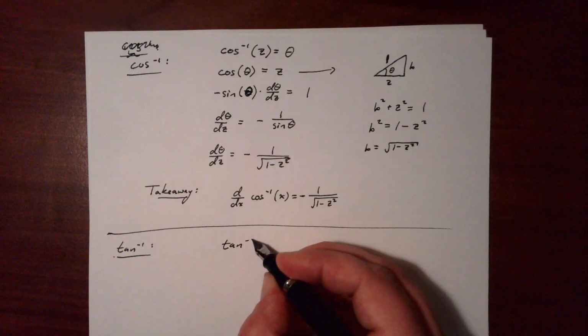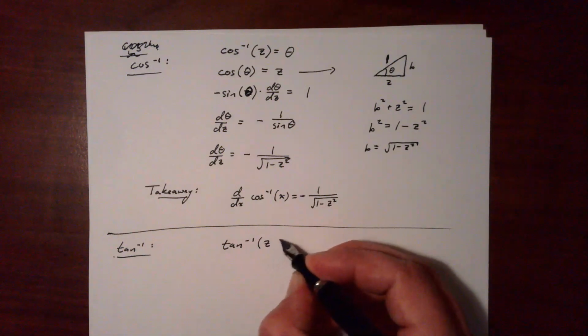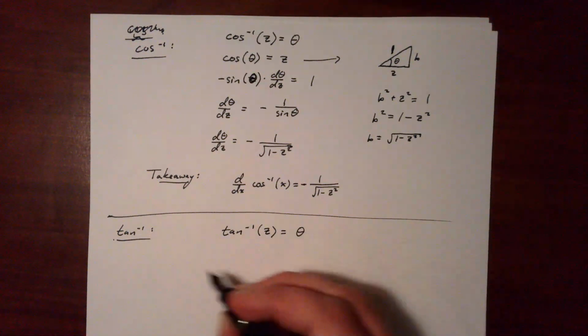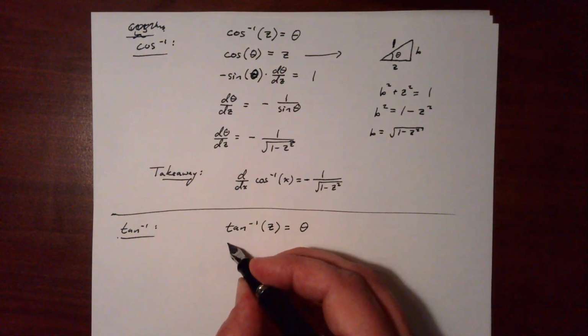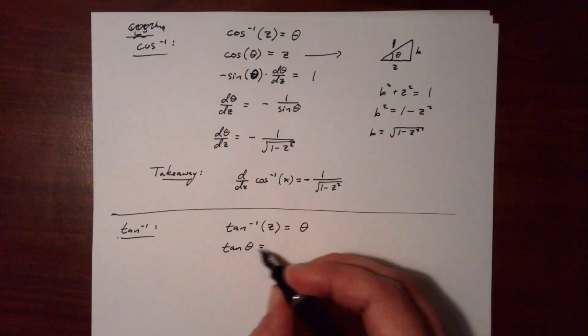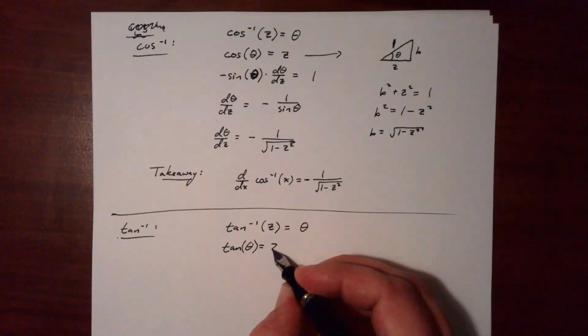We're looking at tangent inverse of our just generic letter z is equal to theta. Well then, what that means is that tangent of theta equals z.